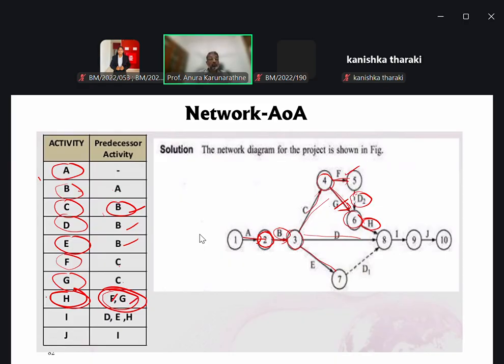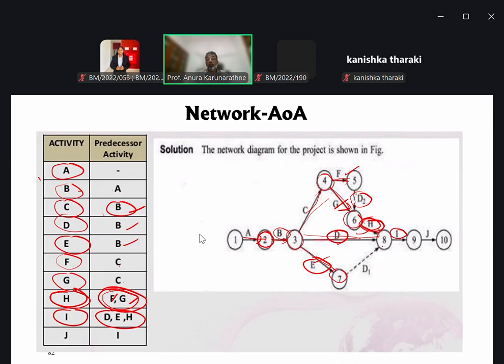So then next one, I after completing D, E, H. D here, E here, H here, right? After completing these three, we can go for I, right? This is okay. This is also okay. But here, E is under a separate direction.